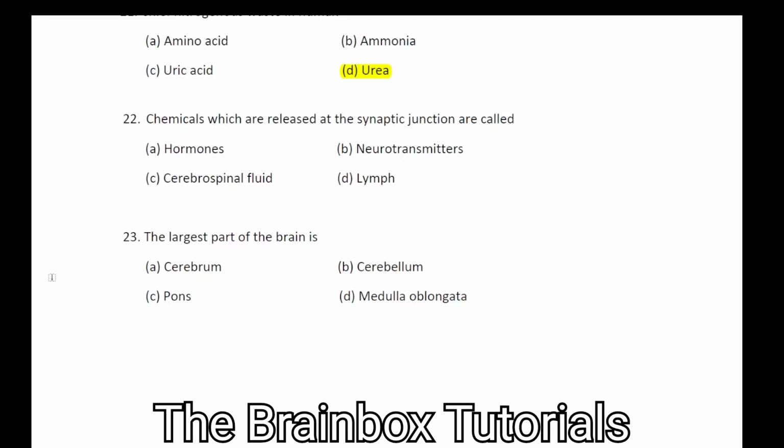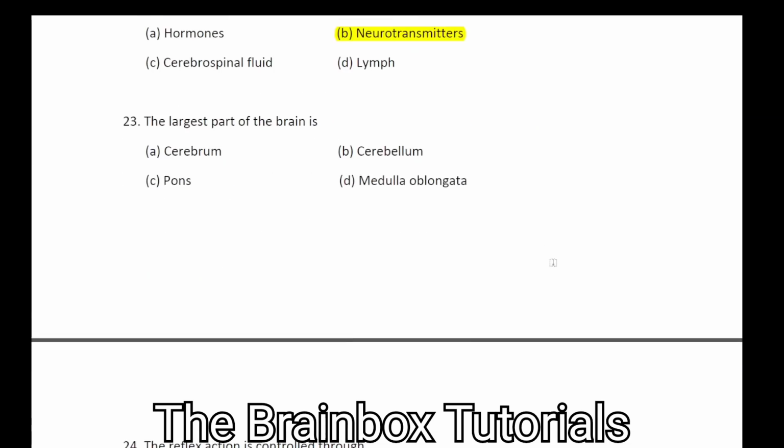Now number 22, chemicals which are released at the synaptic junction, that is synapse, are called option A hormones, option B neurotransmitters, option C cerebrospinal fluid, and option D lymph. And the correct option is B neurotransmitters.